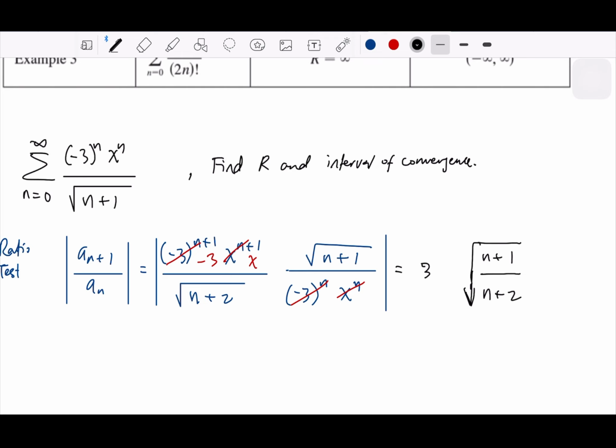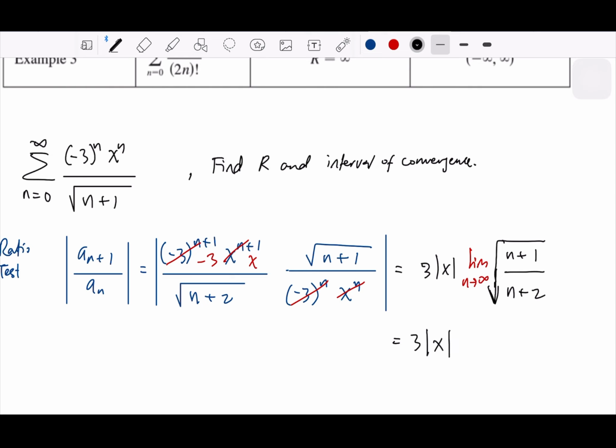And we take the limit. Of course, the limit will result in just 1. Oh, I forgot the x. The x is here. So it will result in 3 times the absolute value of x.